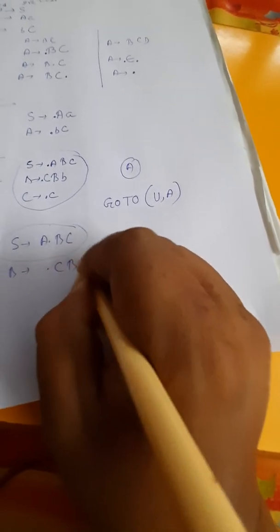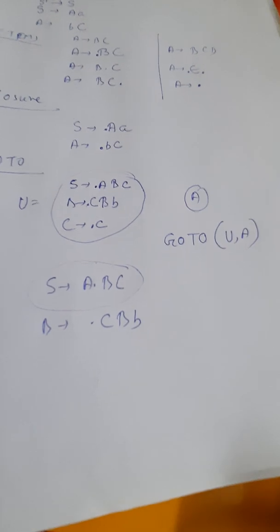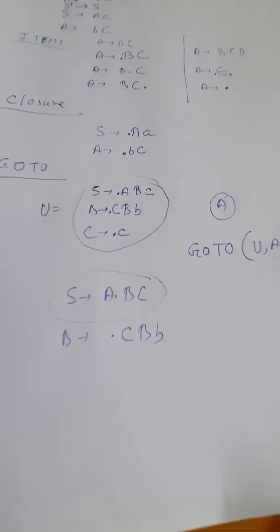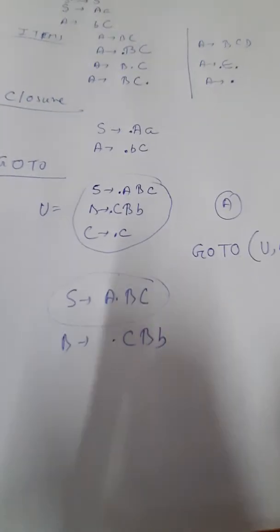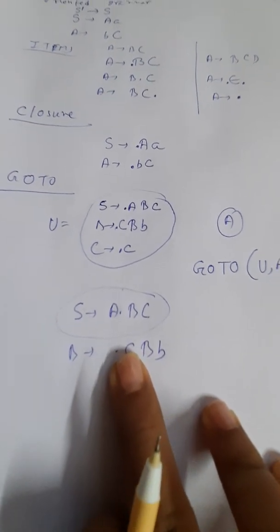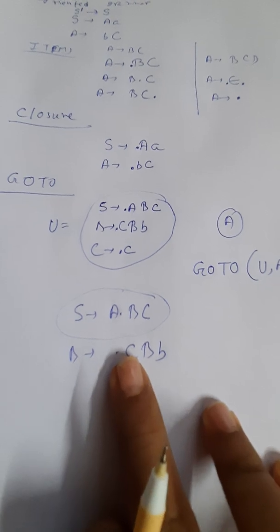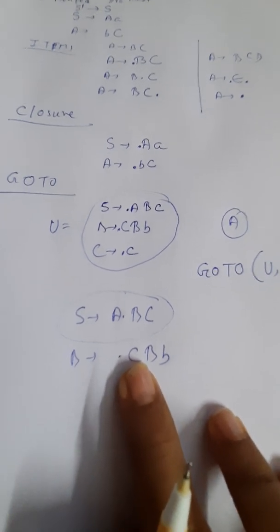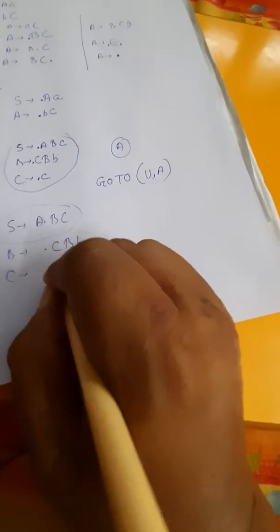Next I will think, is there any rule where the dot is just before C? We will see if C is producing something. Yes, there is the rule. So this line.